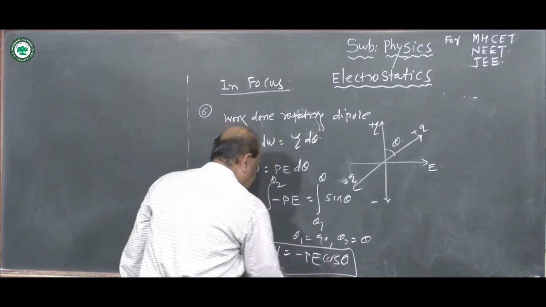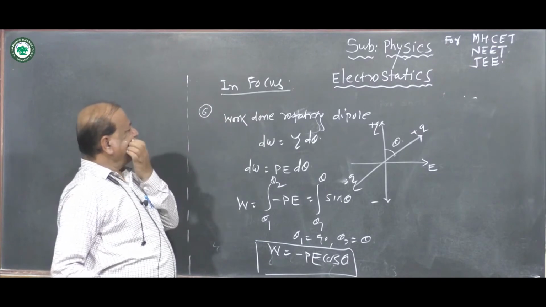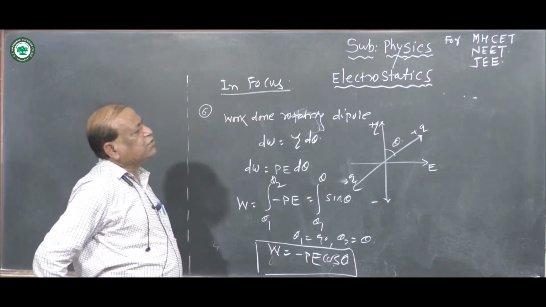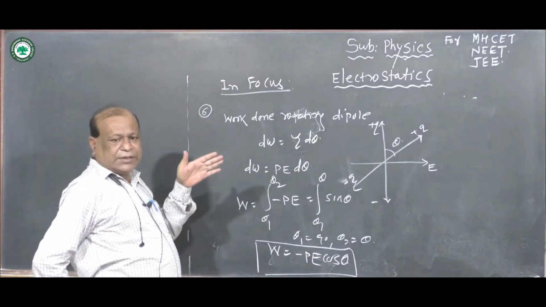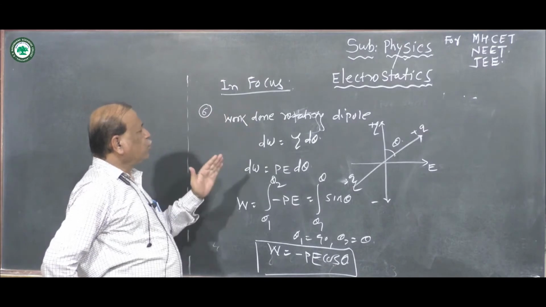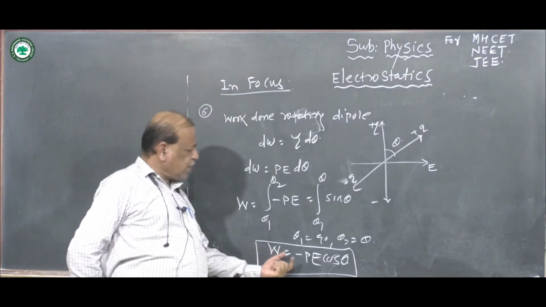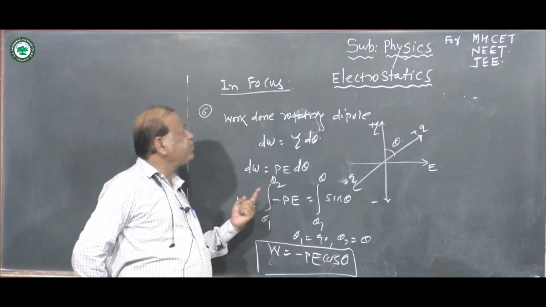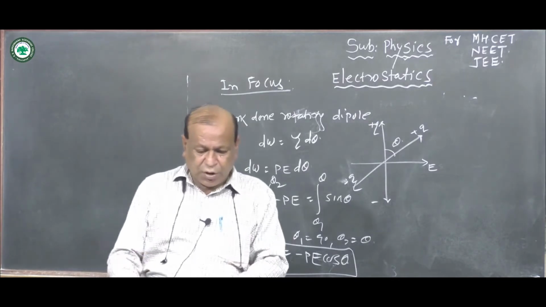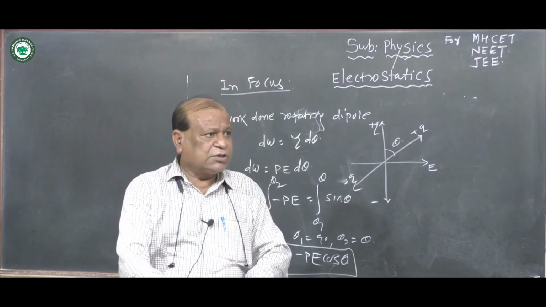Now here we modify that torque acting on an electric dipole, and for a rotating dipole the total work done is equal to minus PE cos theta. Focus only on these points.